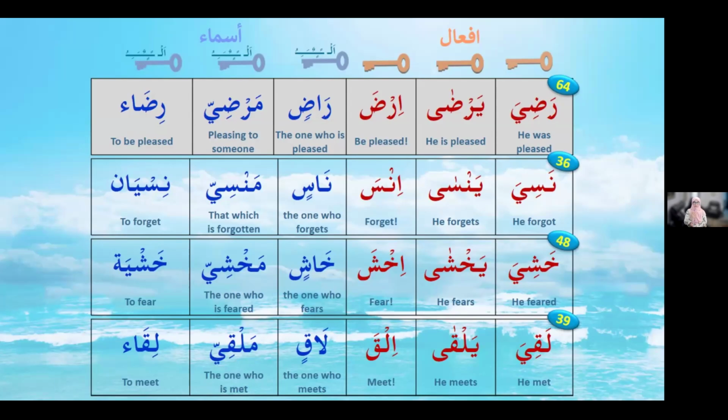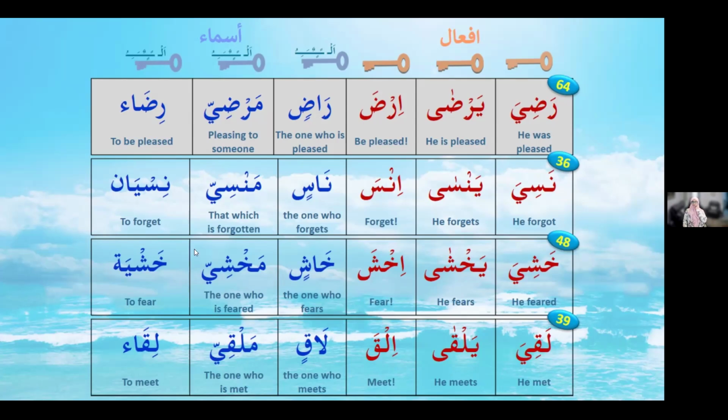Nasin, mansiyun, nisyan. The next one. Khashiya, yakhsha, ikhsha. Khashin, makhshiyun, khashya. Next. Laqiya, yalqa.